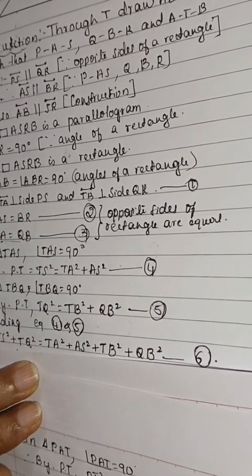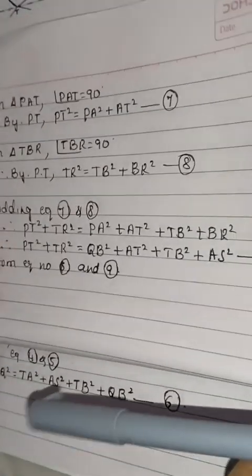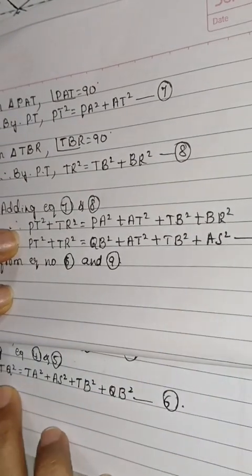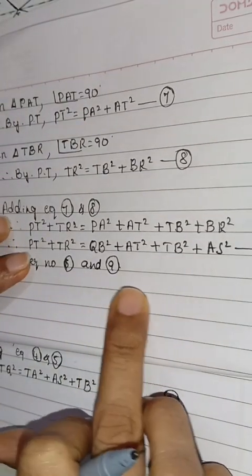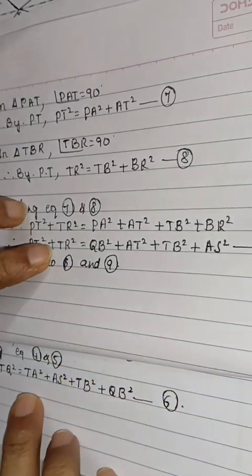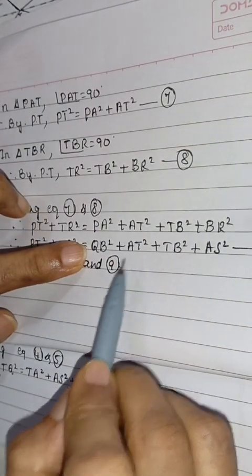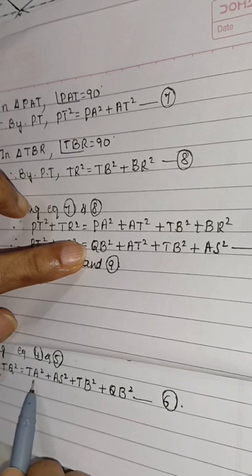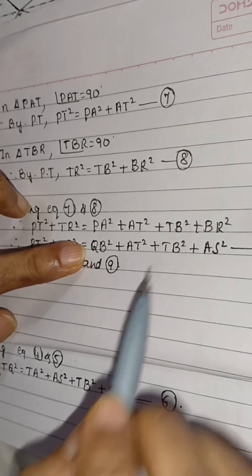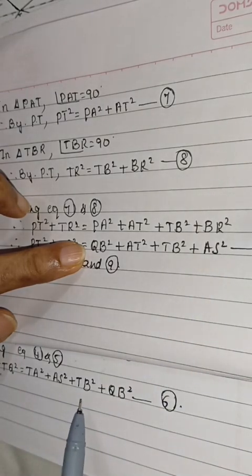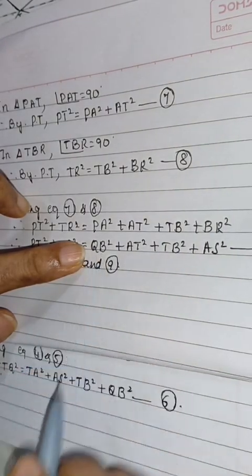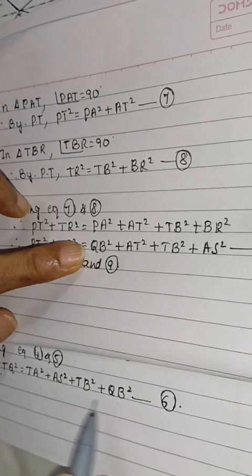Compare with this. Right hand side is TA square plus AS square plus TB square plus QB square. Right hand sides are equal.